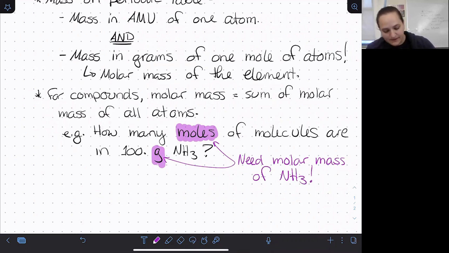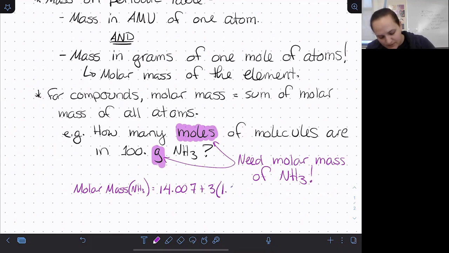So the molar mass of NH3 is just going to be the molar mass of nitrogen from the periodic table, which is 14.007, plus 3 times the molar mass of hydrogen from the periodic table.